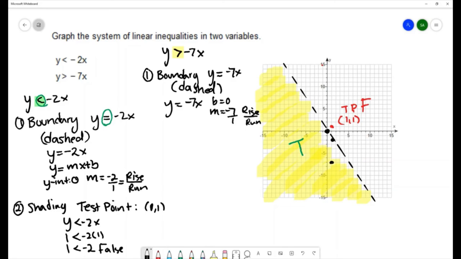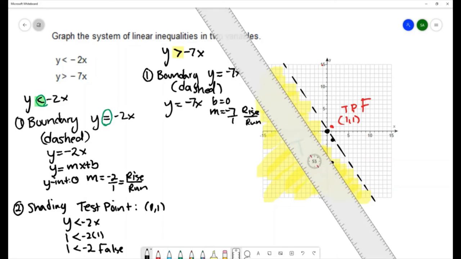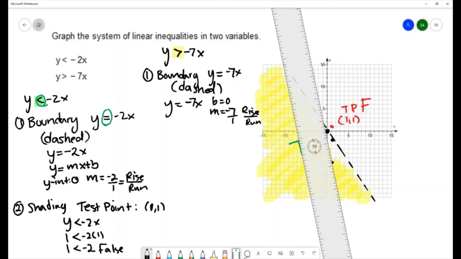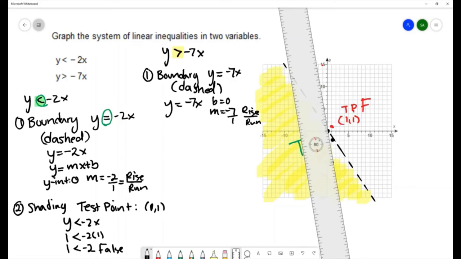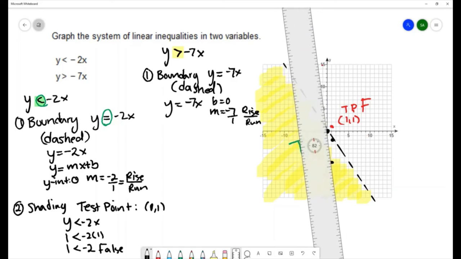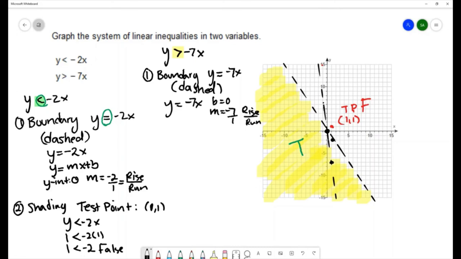We'll connect those 2 points with a dashed line. We've got our boundary line of y equals negative 7x.